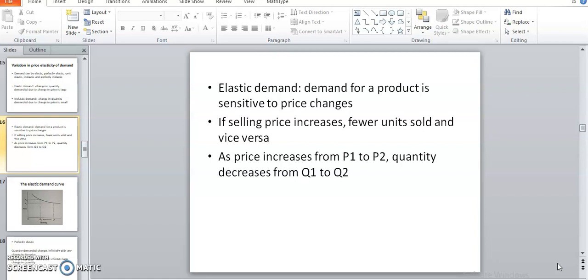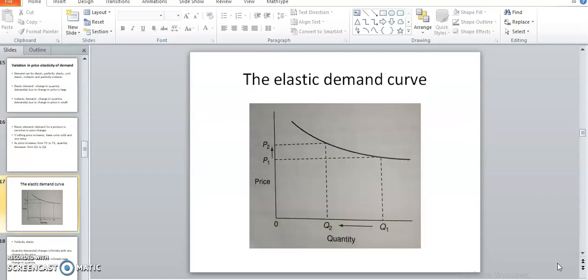Suppose the price changes from P1 to P2, and the quantity demanded changes from Q1 to Q2, and that change in quantity demanded is large. So this curve is a flat curve.